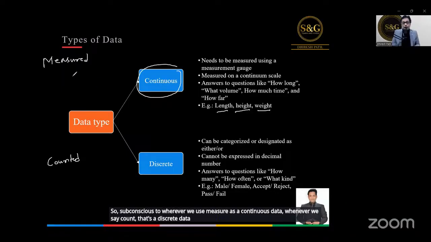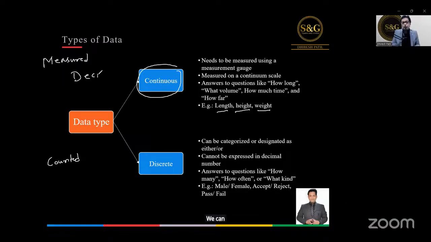Again, we can show that in decimals: 20.2, 20.3, 20.4. It's continuous data. Discrete data is generally shown in whole numbers. 20 people in the room, 21 people in the room. You will never say 21.5 people in the room. So continuous data is height, length, weight, pressure, temperature, speed.